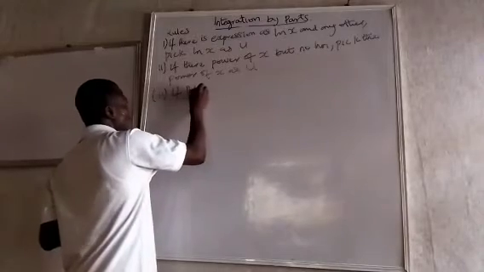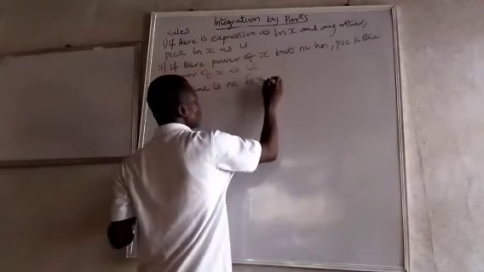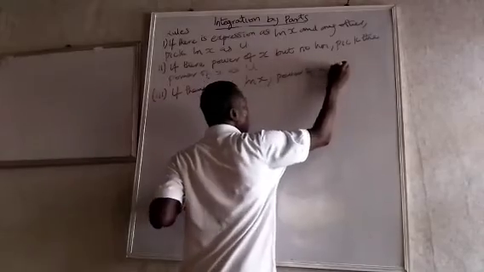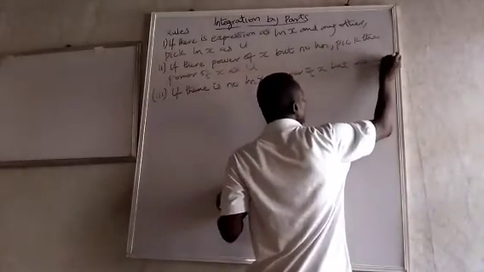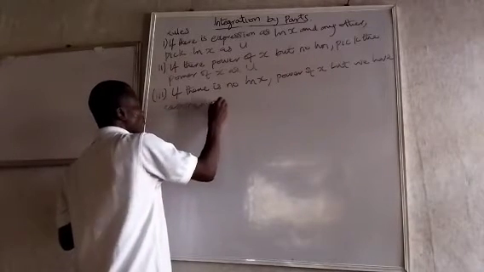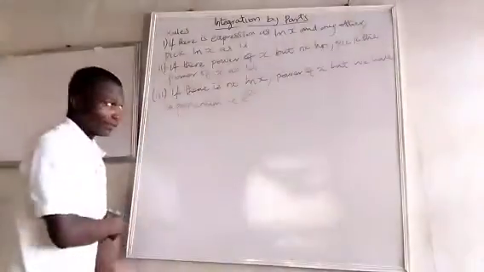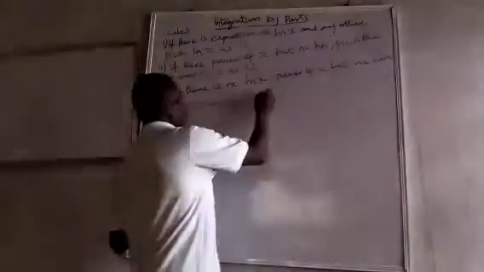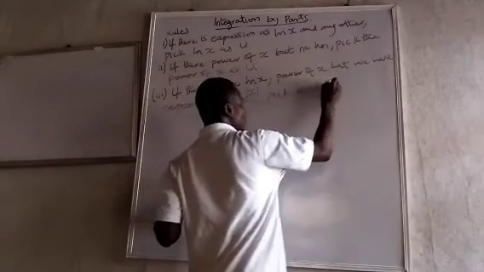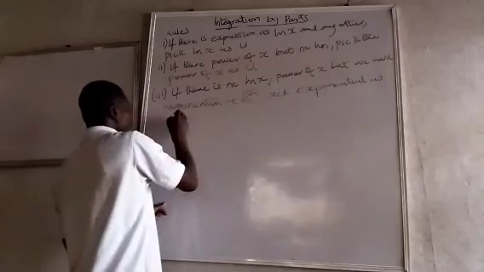Now 3: if there is no ln and no power of x, but we have an exponential, that is e raised to the power x or a function of x, pick the exponential as u.